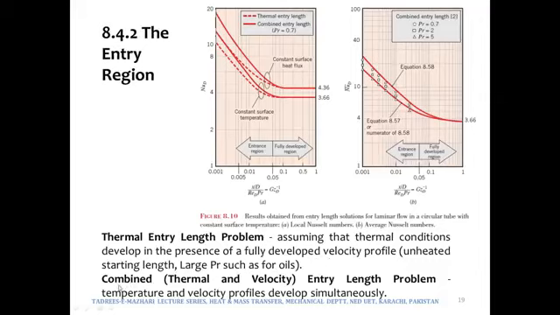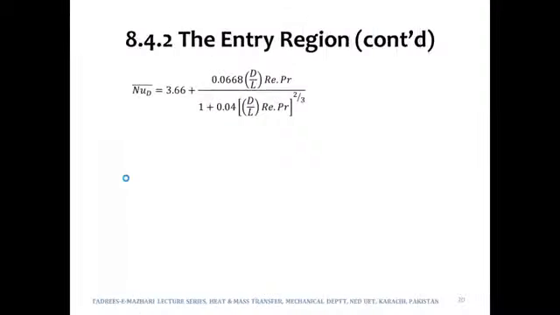And the combined entry length problem means that the temperature and velocity profiles develop simultaneously, right? Now this is the expression for the Nusselt number used in the entry region, where its value will not be constant, rather it will change. We will go over those expressions while solving the problems.